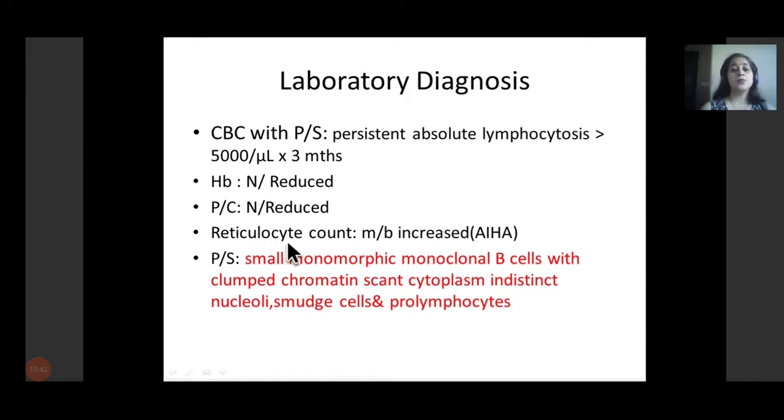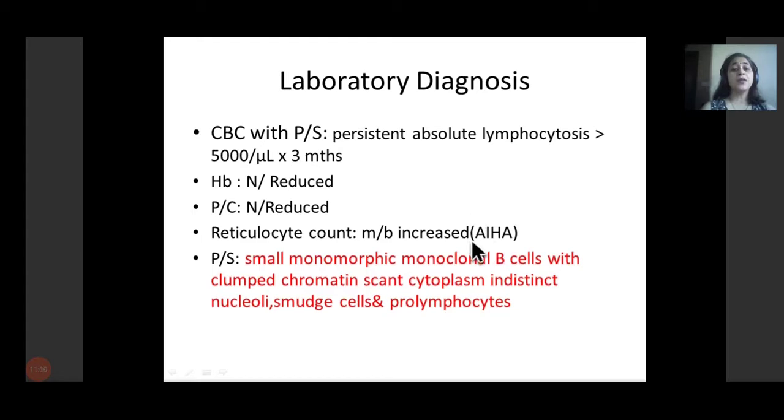The reticulocyte count is very important in these cases, especially when we are expecting autoimmune hemolytic anemia. I'm sure in hemolytic anemia, especially AIHA, it must have been taught to you that all lymphomas and CLL have a very dreaded complication called AIHA, and at times, especially in CLL, this could be the cause of death of a patient.